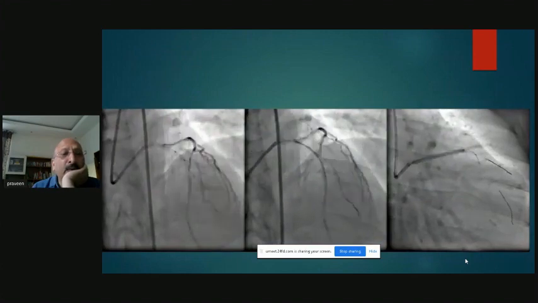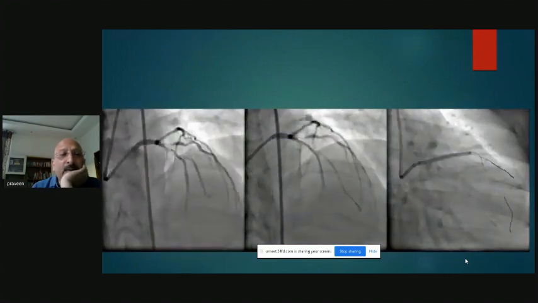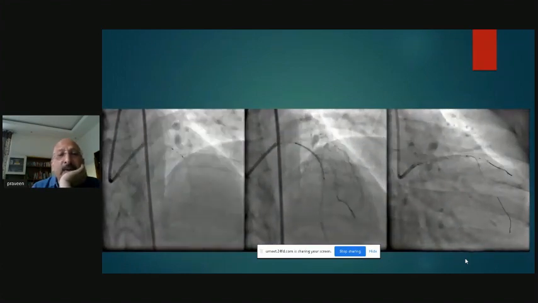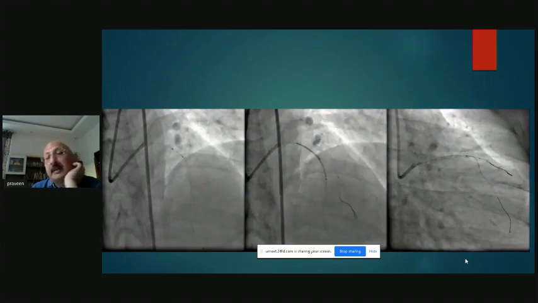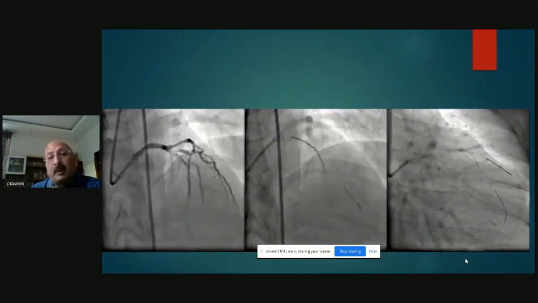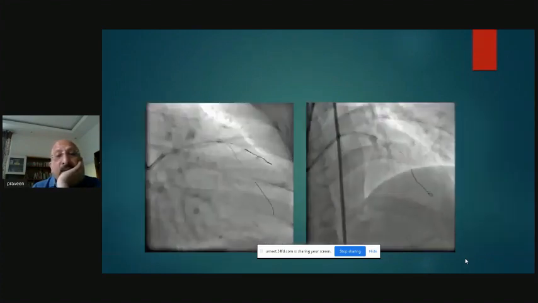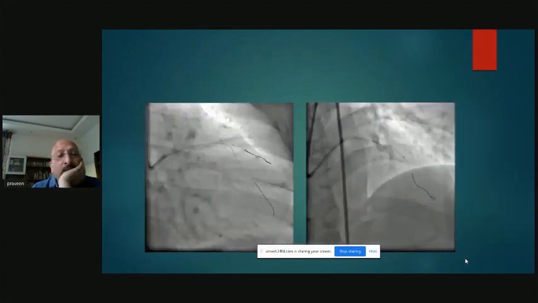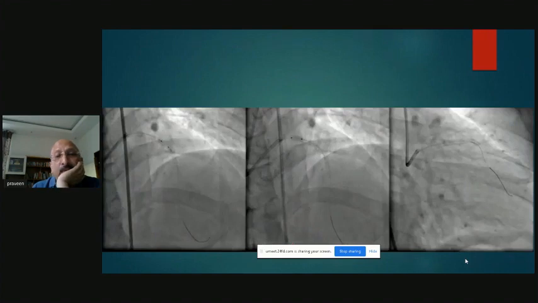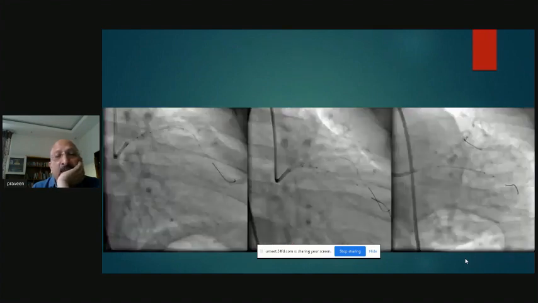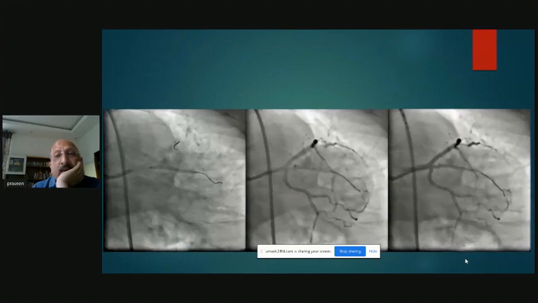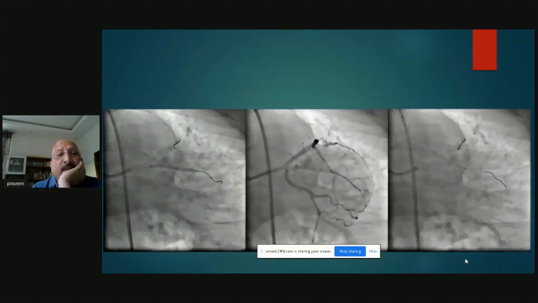Here, what we do is we start by first putting a stent in the LAD with a wire in the diagonal, because there was a big diagonal coming off the LAD in the distal part. So we do that first, post-dilate the stent, and then put another wire into the ramus and put a second stent there.